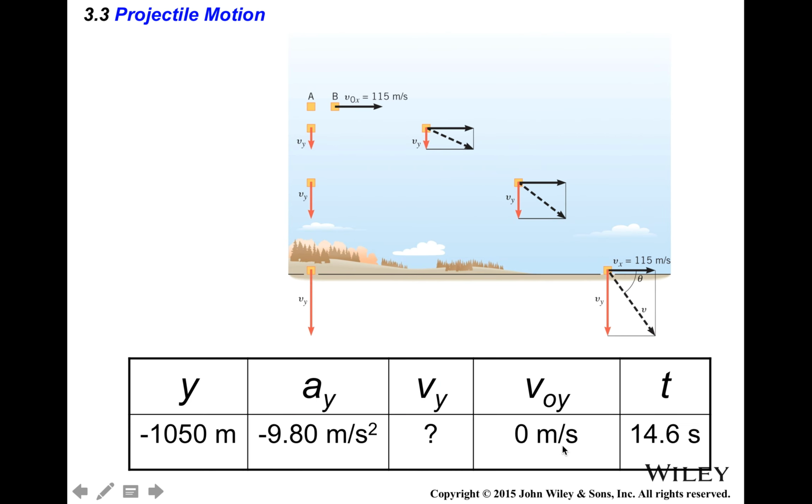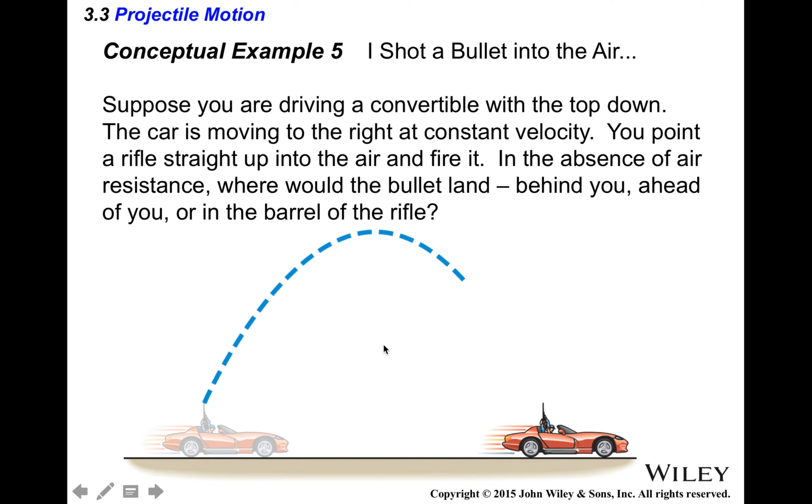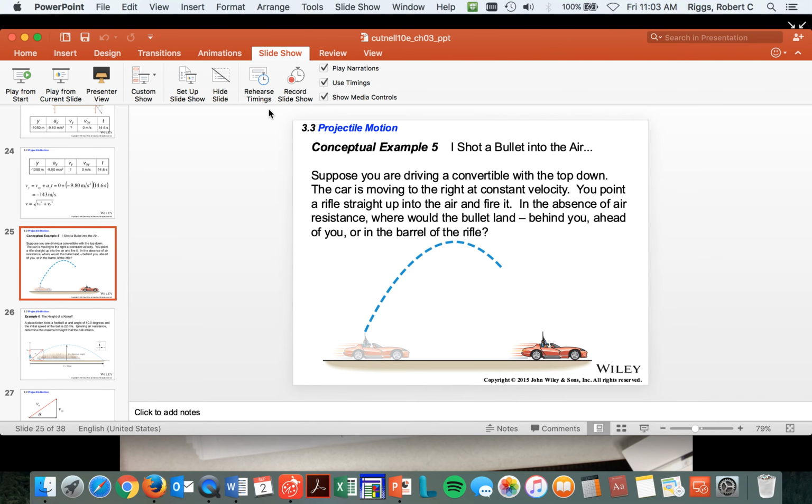V naught y, we got to find out what that is. Well, we use this equation like I did, 143 meters per second. That's good. All right. So now we can solve the different kind of projectile motion too. We'll do the schoolhouse way, and that'll be in the next show.